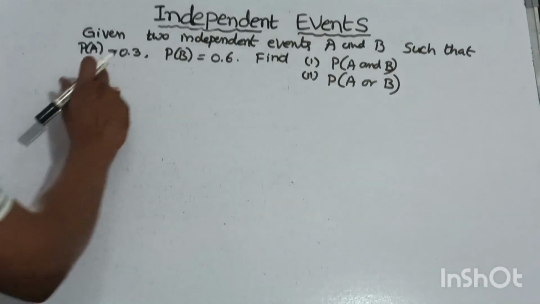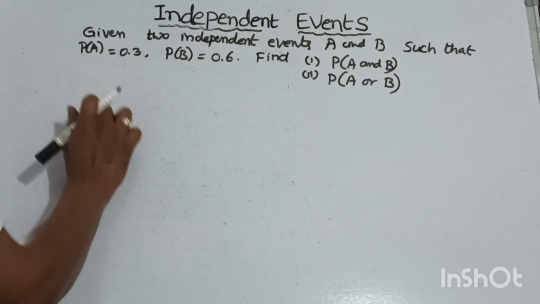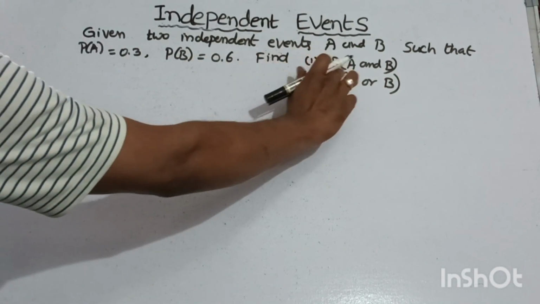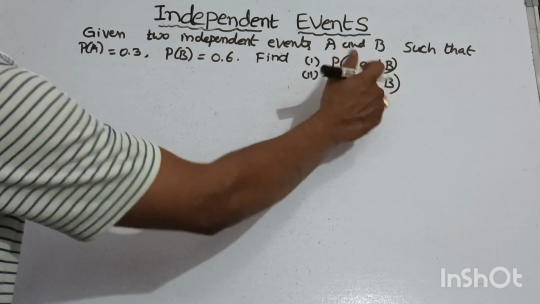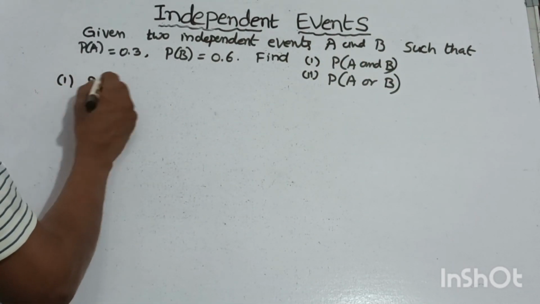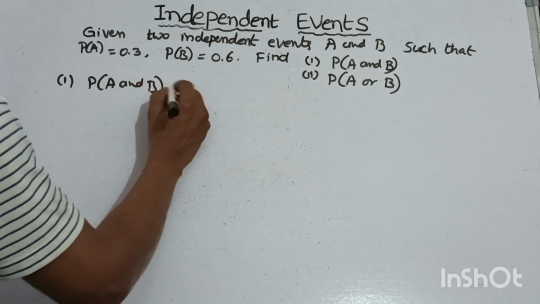Next problem, given two independent events A and B such that probability of A is equal to 0.3, probability of B is 0.6, find probability of A and B, probability of A or B. So solution, probability of A and B, and means intersection.